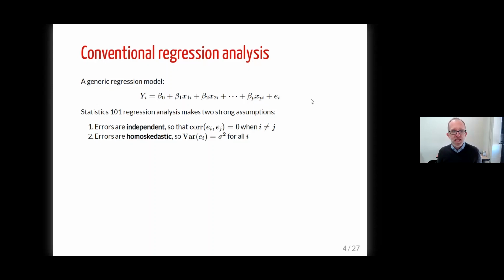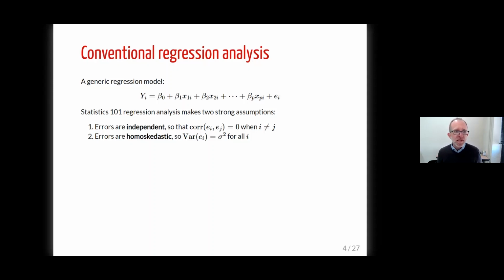The other assumption is even stronger, or maybe equally strong, which is that the errors are homoscedastic, meaning the variance of each of those errors is constant across all of the observations.